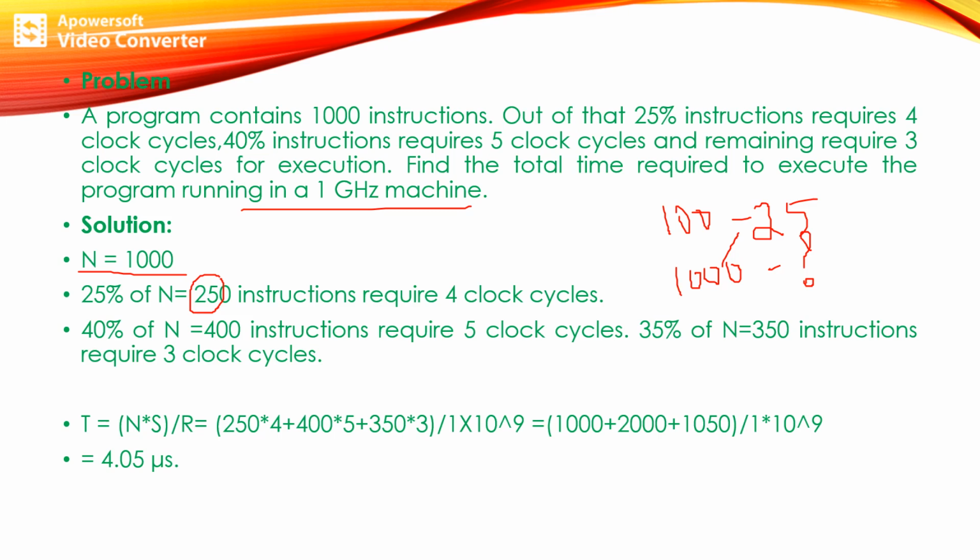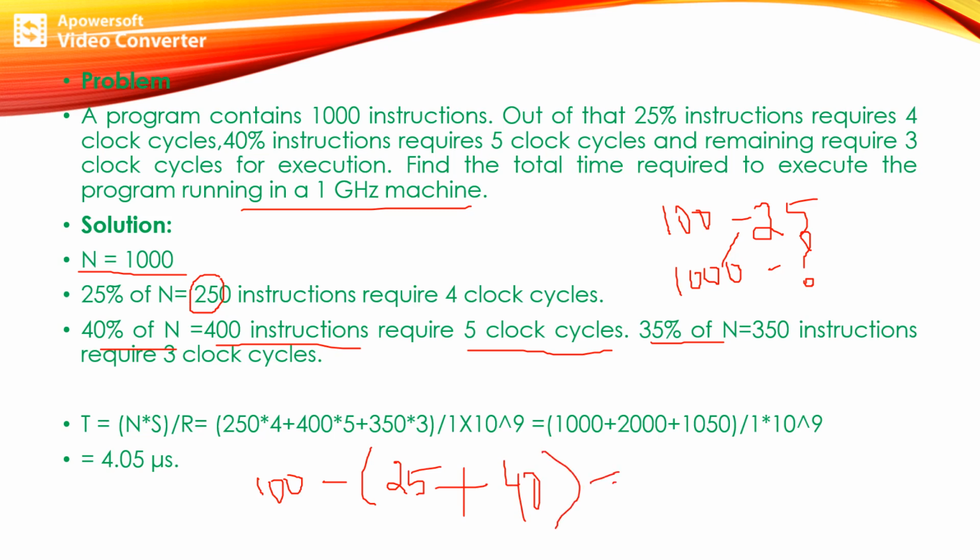You get 250, which requires 4 clock cycles. 40% of N means 400 instructions, which require 5 clock cycles, and the remaining percentage, that is 100 minus (25 plus 40), we get the value as 35. So the remaining instructions means 35% of N, which is 350 instructions, requiring 3 clock cycles.